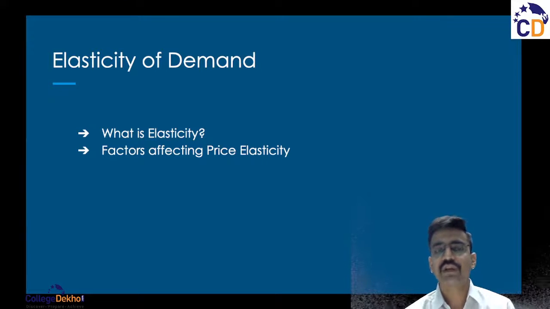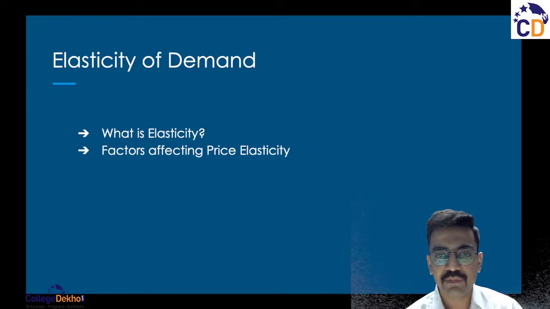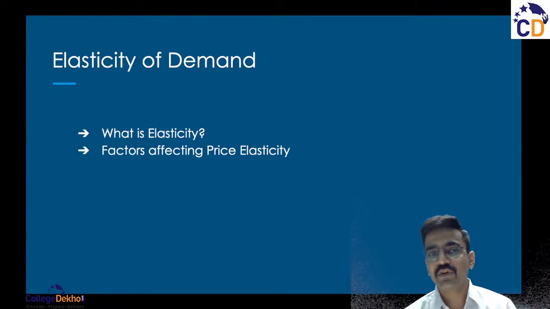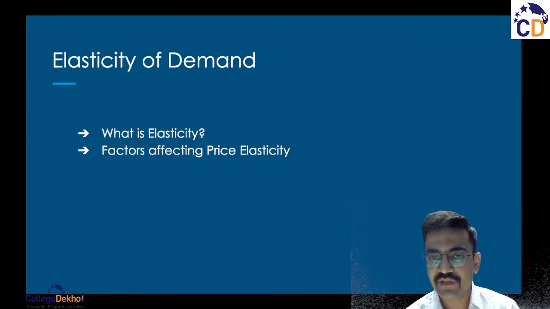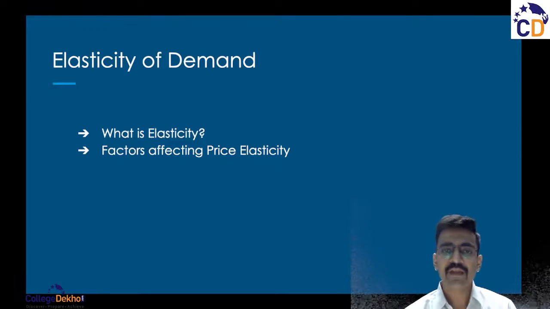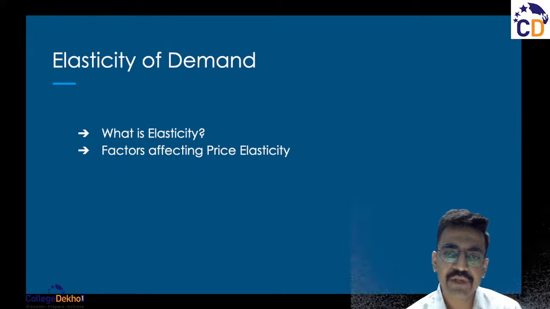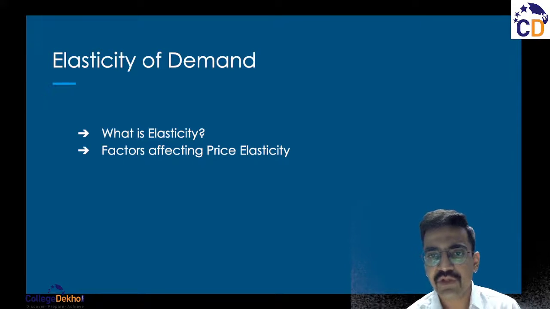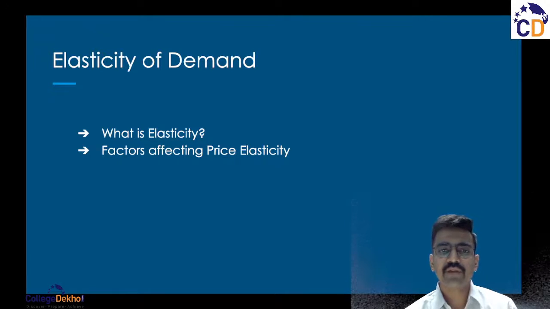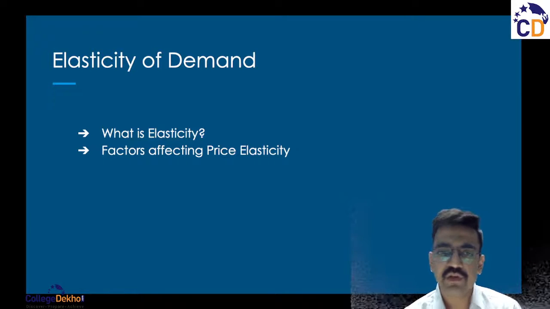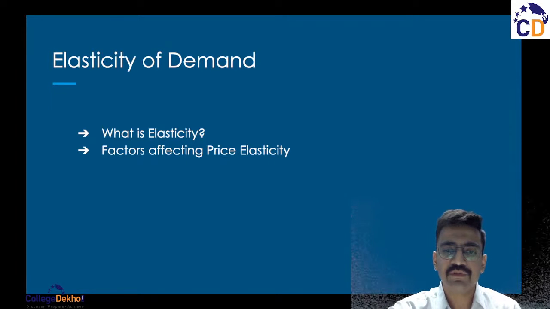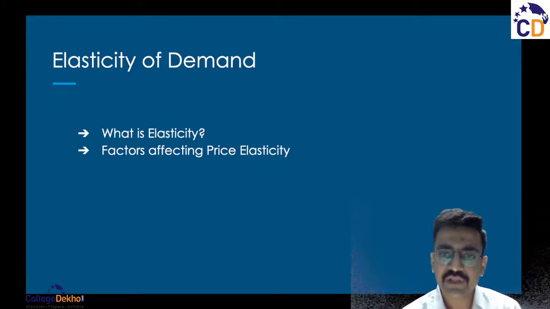We understood what elasticity of demand means, and what price elasticity of demand means. And at the end, we looked at the factors affecting price elasticity of demand. Right? So all of this was to just give you a brief look into the demand analysis of a product. And I hope all of these little details were clear to you.